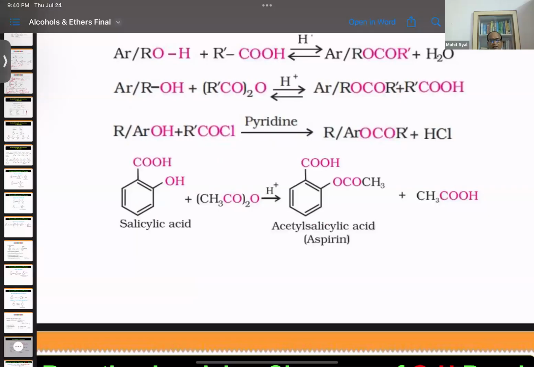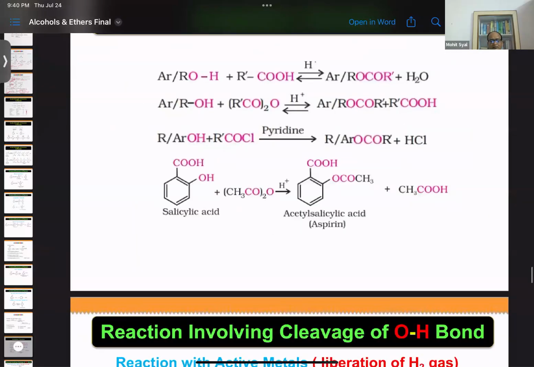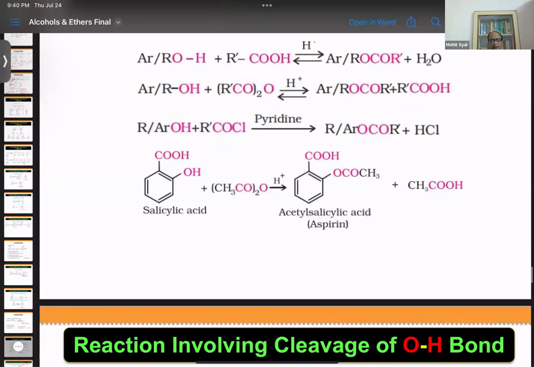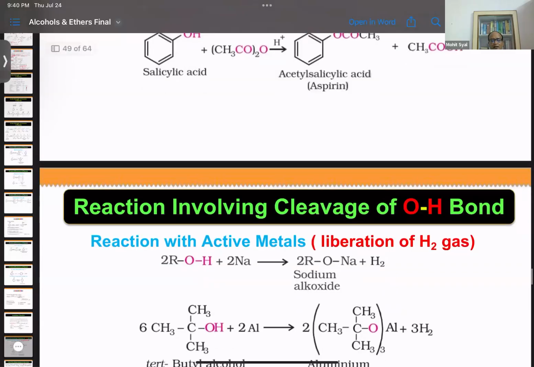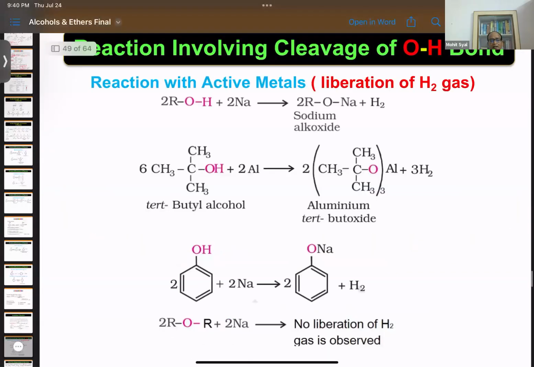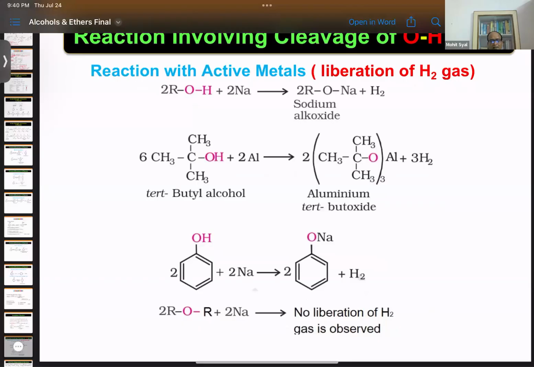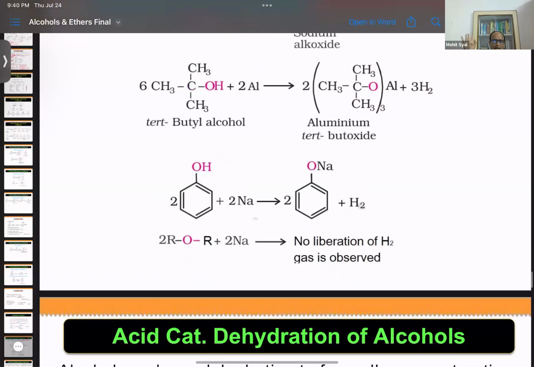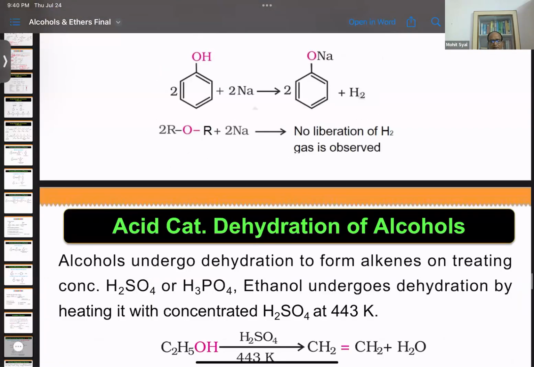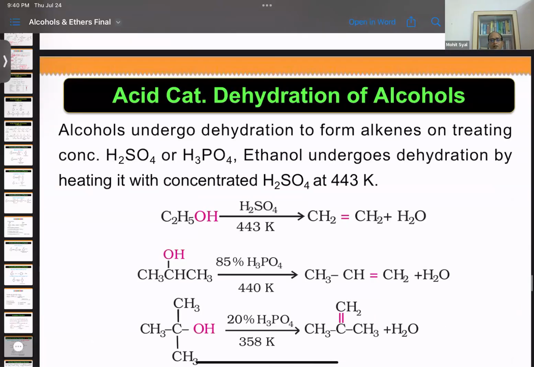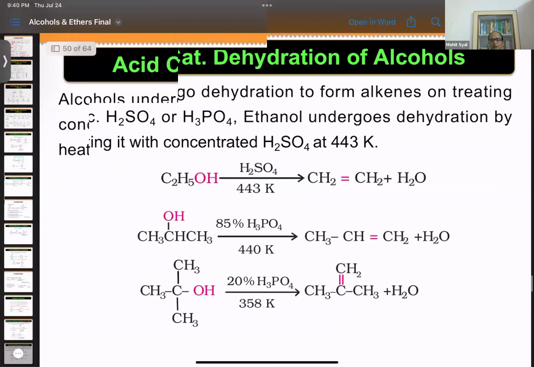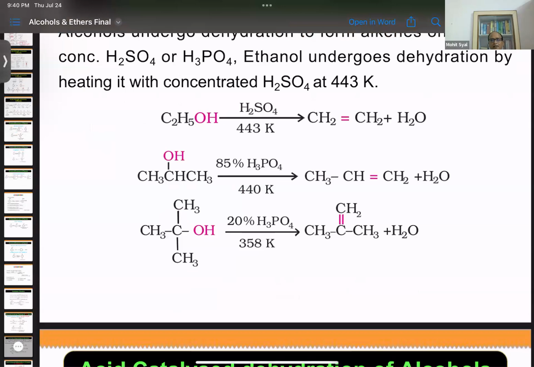Okay, this is esterification or acetylation reaction. And this also we have covered, reactions with metals, liberation of hydrogen gas. Ethers do not give any hydrogen gas because they do not have OH. Got it? Is it clear?